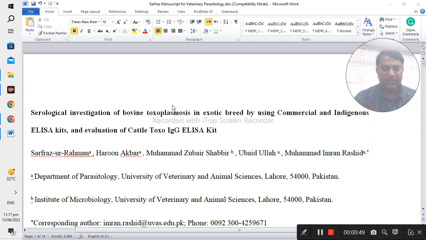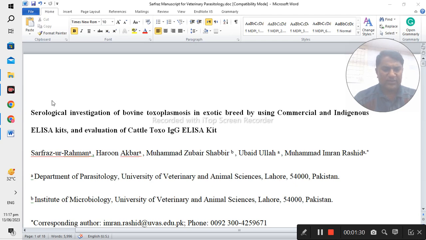Then after these results he tries to apply a statistical tool, and after the statistical tool he decides whether it is significant data or insignificant data. On the basis of the significant data, he elaborates the results in the form of a research paper, and this is the original research paper.